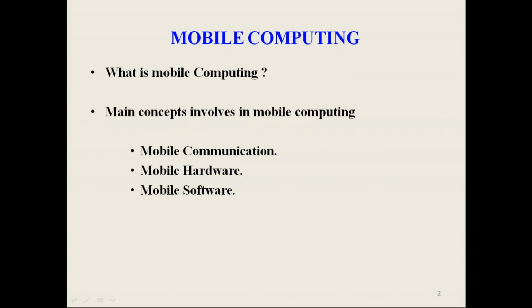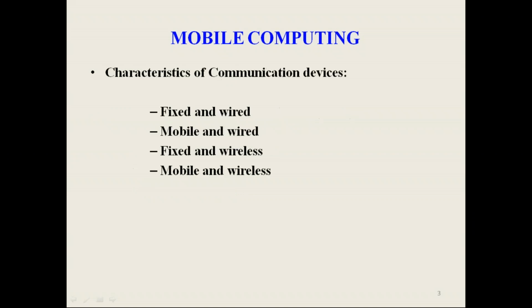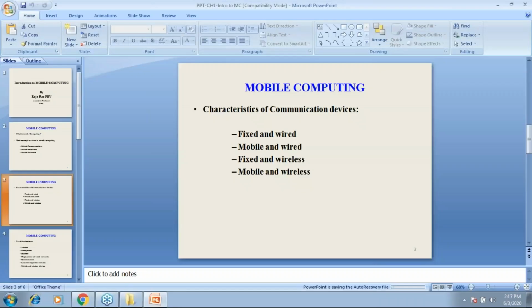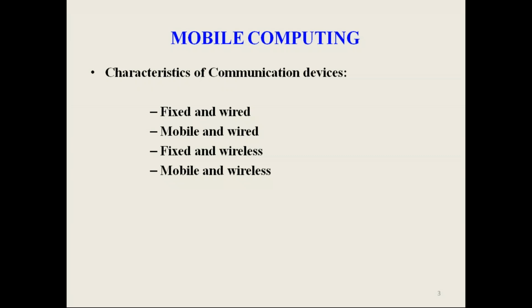Then I am talking about a few characteristics of communication devices. The first are fixed and wired, mobile and wired, fixed and wireless, then one more, mobile and wireless.